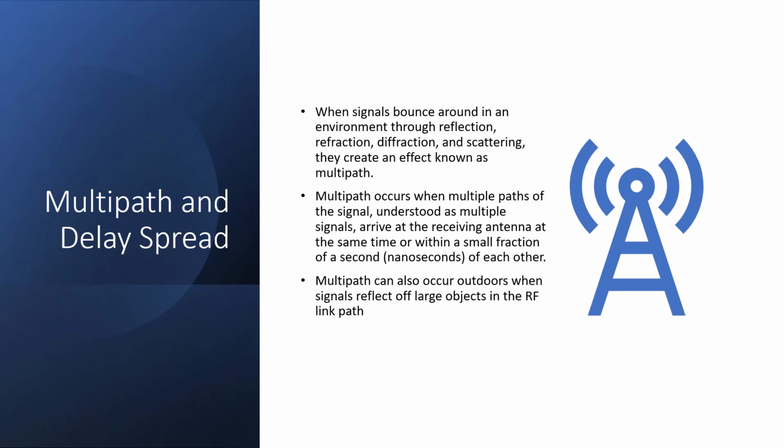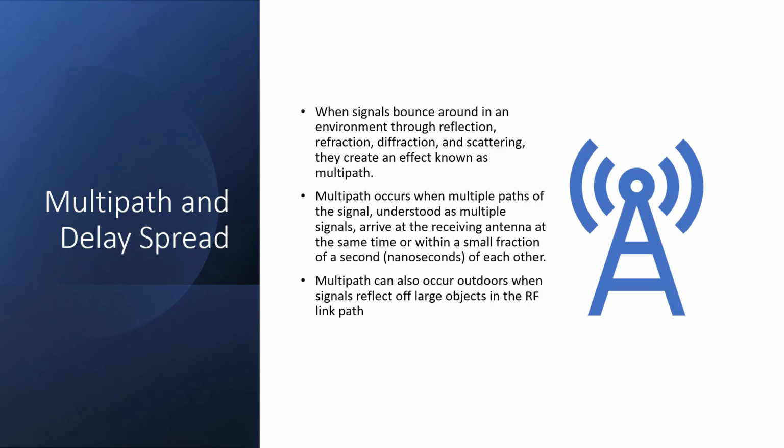Now this particular aspect tells you what all these impairments mean to me. We call it multipath and delay spread. What do you mean by multipath? If you have a transmitter sending a signal, and the receiver expects only one signal to arrive from the transmitter, that's easy.